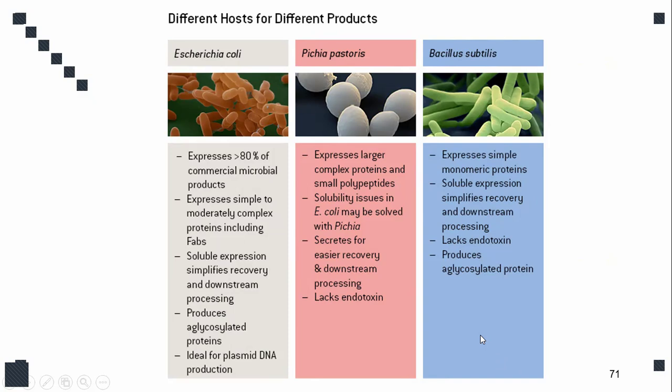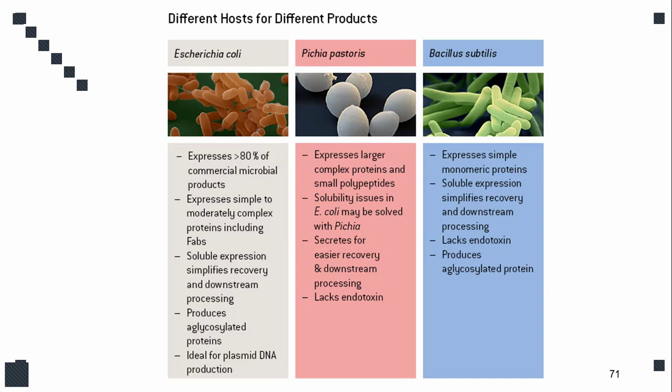Solubility issues in E. coli may be resolved with it, and it secretes for easier recovery and downstream processing, and lacks endotoxins. Then Bacillus subtilis expresses simple monomeric proteins, soluble expression, simplifies recovery and downstream processing, lacks endotoxin, and produces aglycosylated proteins.